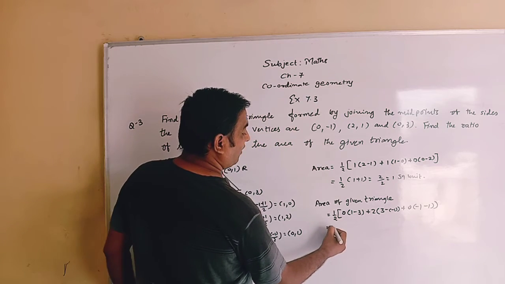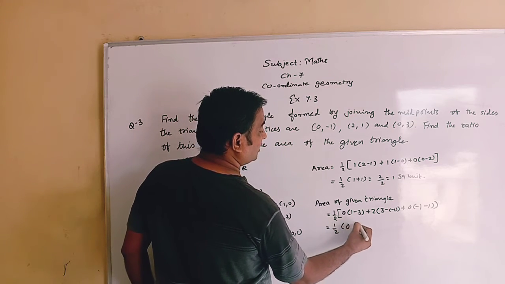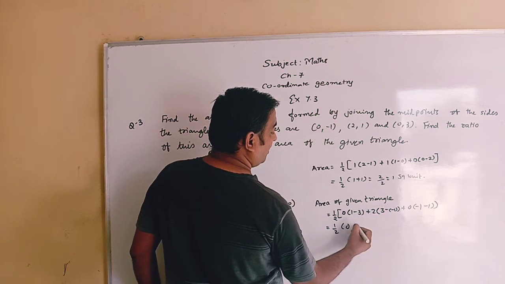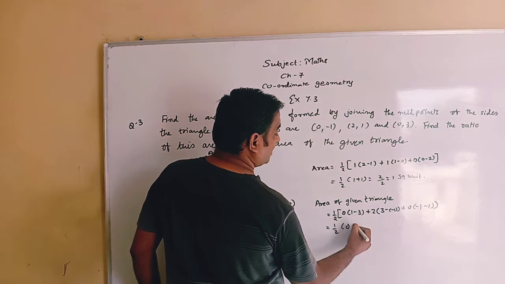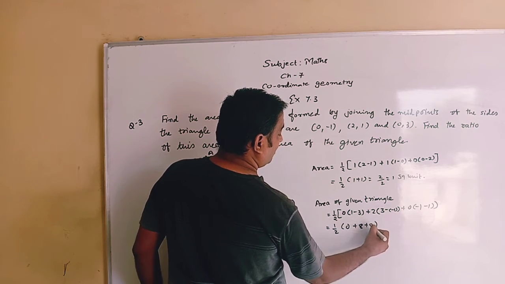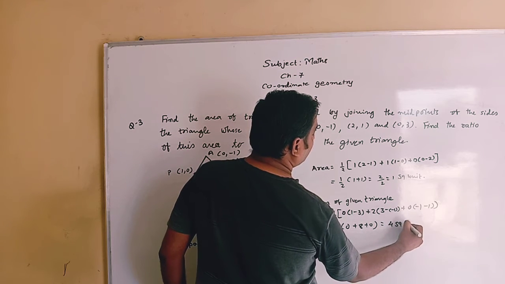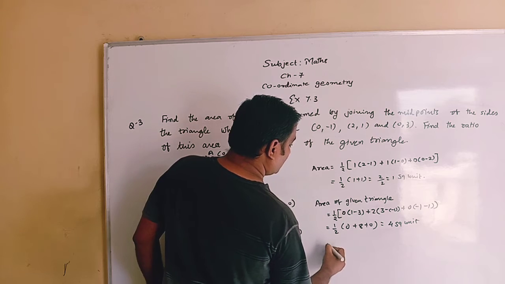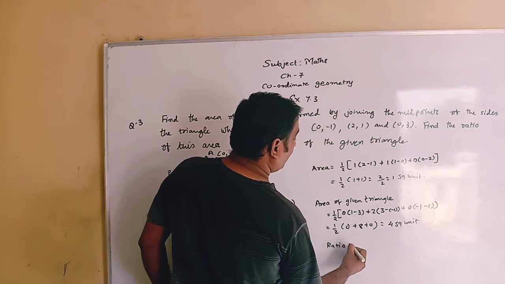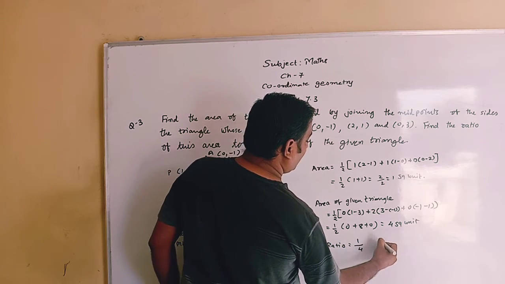And so we will have 1 by 2, 0 into anything is 0, minus minus plus. So 3 into plus 1, 4, 2 are 8 plus 0. And so it is 1 by 2 into 8, that is 4 square units. Now we want the ratio, and so the ratio equals 1 by 4, that is 1 is to 4.